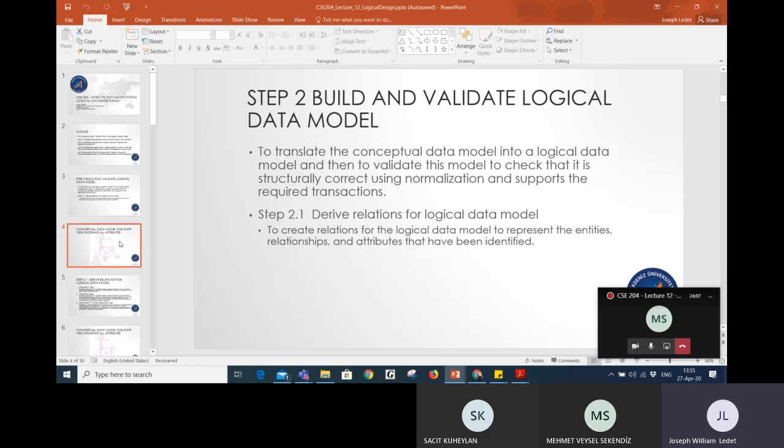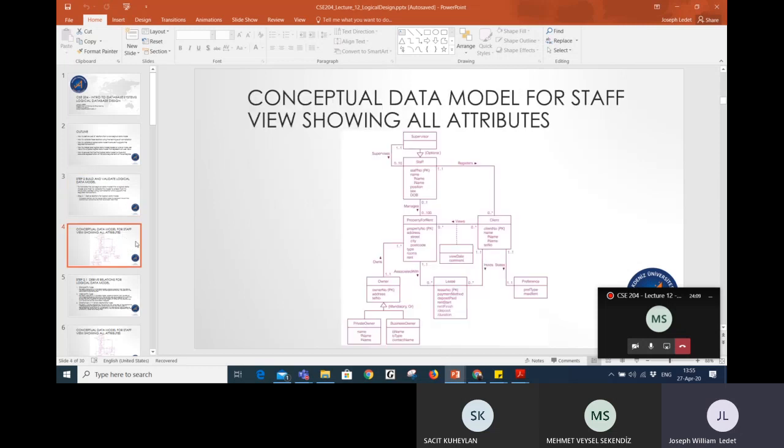So if we go back to our conceptual model for the staff, this was what we came up with at the end of our conceptual database design phase. Remember, this was our example where we added those extended techniques, the expanded ER modeling techniques, where we have the generalization here and then the generalization here as well. Remember, this got rid of our recursive relationship.